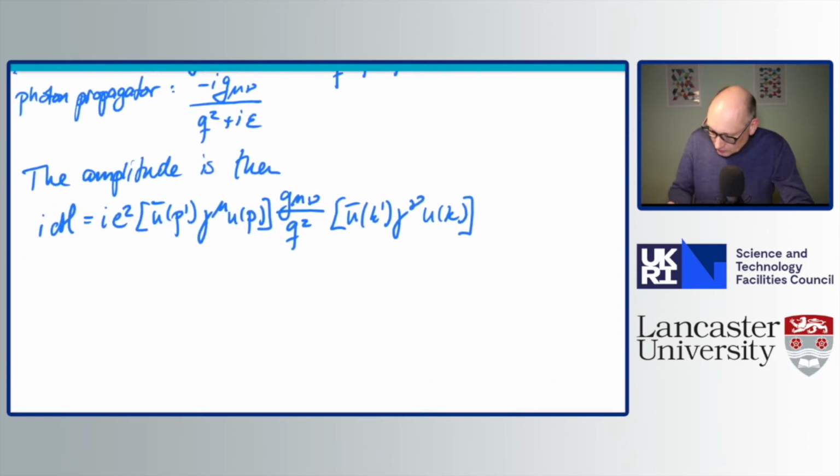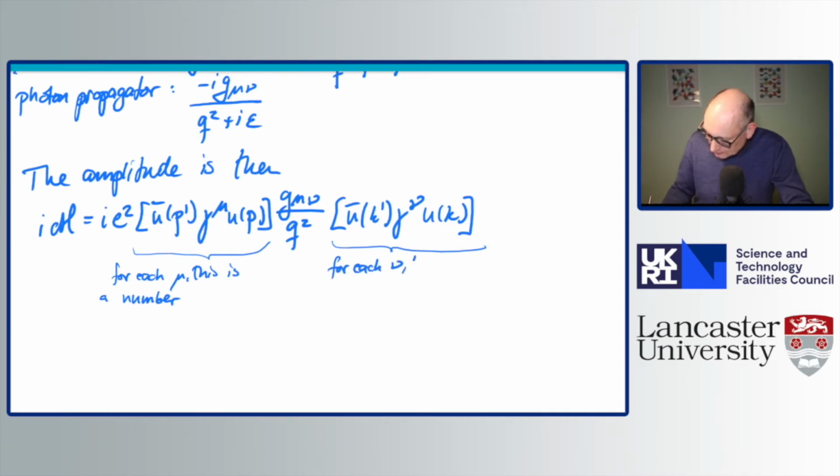Good. So we remember that this here, for each mu, is a number because it consists of a spinor covector, a 4x4 matrix, and a spinor vector. The same for this, for each nu, this is a number.